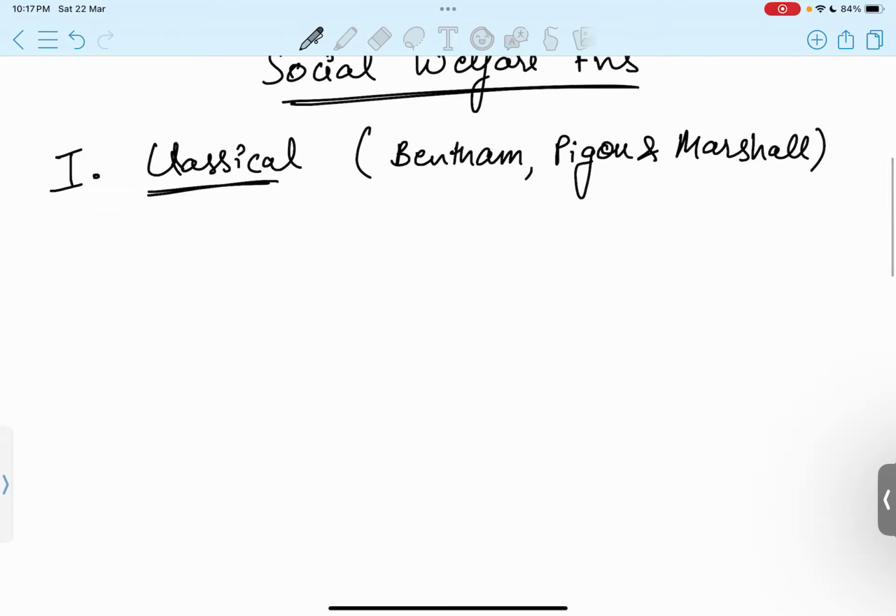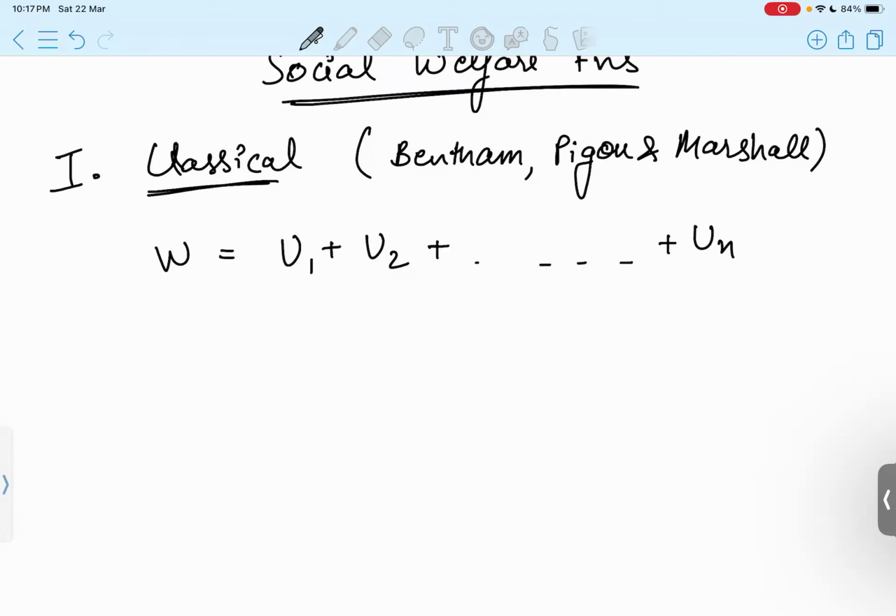So again, it's a welfare function. The social welfare function is dependent upon certain factors. Under the classicals, we write that W, which represents the welfare, is a sum of the cardinal utilities. We represent the cardinal utilities as U1, U2, up till UN, where U1, U2 up till UN is the individual person's utility under the community.